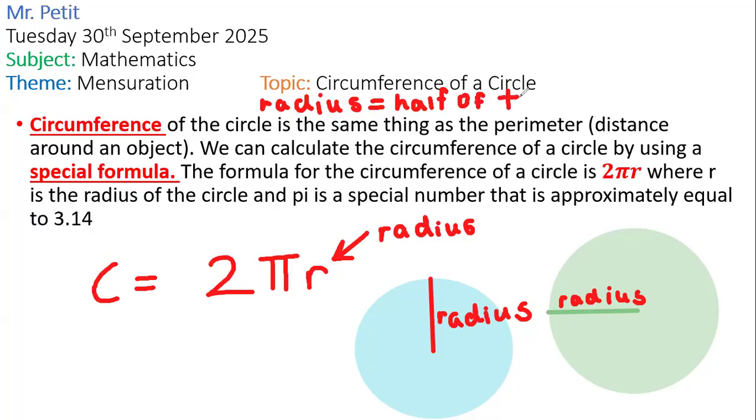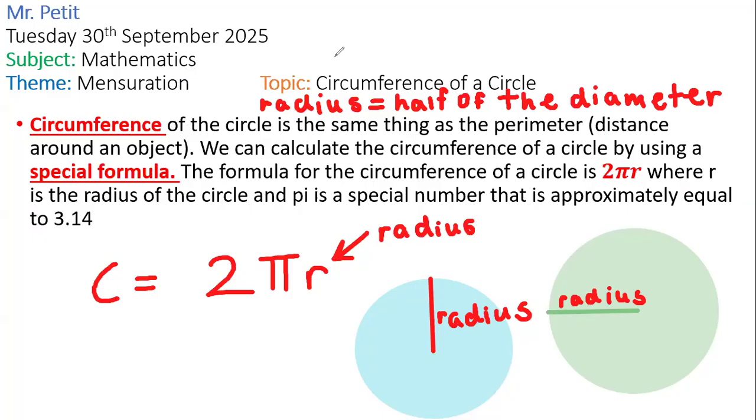But the diameter goes to full length, but the radius is half of it. All right, so the radius is half of the diameter. That's what the radius is. And that's how we do that.